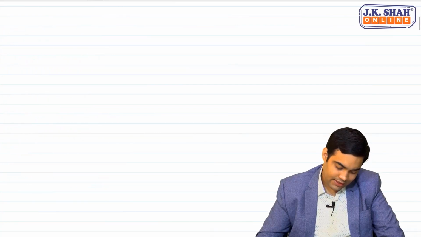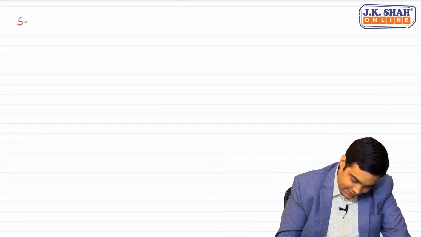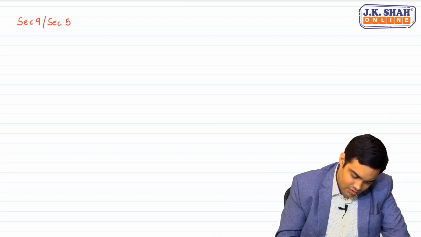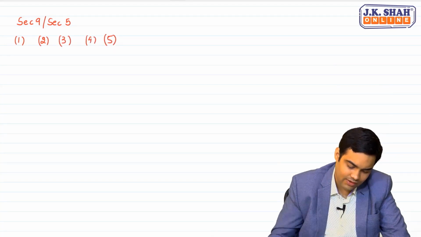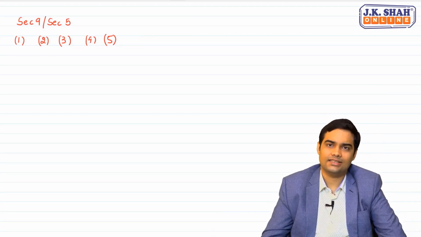Now, when we talk about charging section, section 9 and section 5 have 5 subsections. 9.1, 9.2, 9.3, 9.4 and 9 subsection 5. Similarly, section 5 also has these 5 subsections.